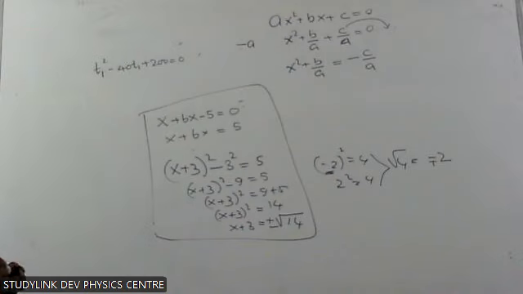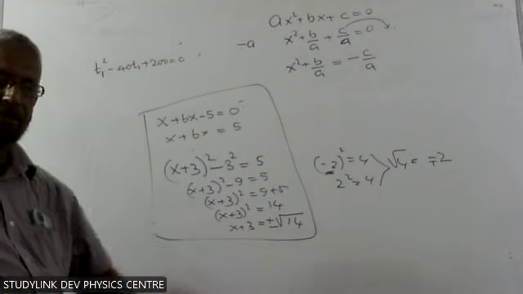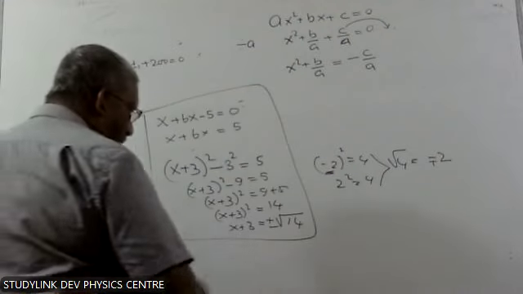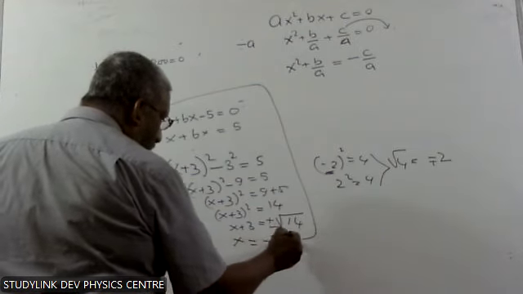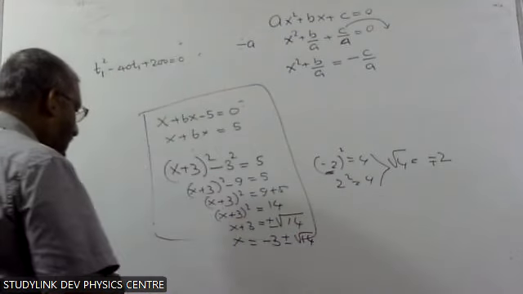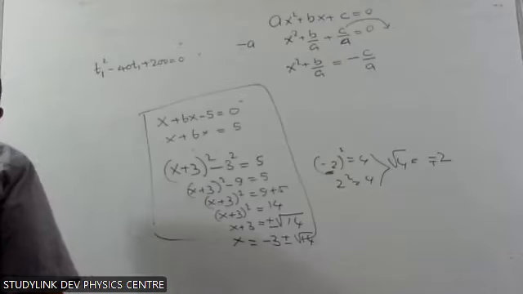The square root of 14 can be found using logs, or you can keep it like that also. Then after that the answer should come as x is equal to minus 3 plus or minus square root of 14. After that I'll find the square root of 14 and let you know.